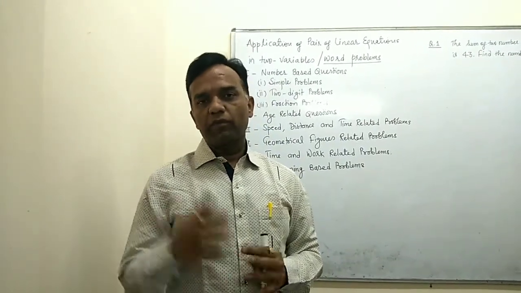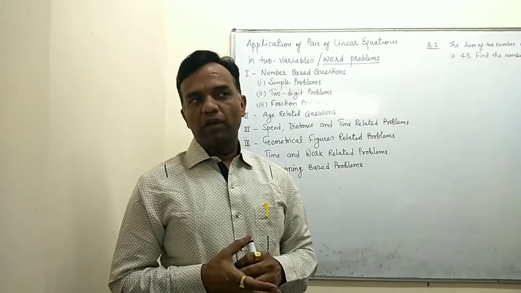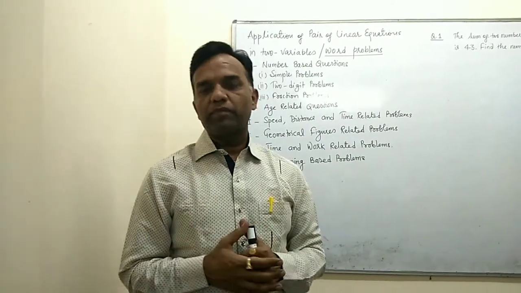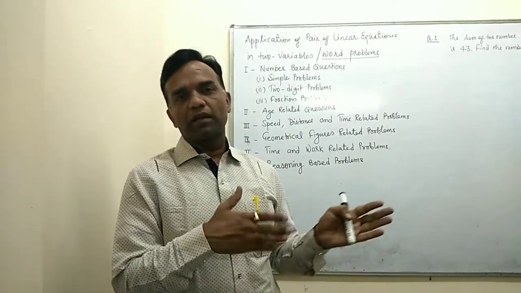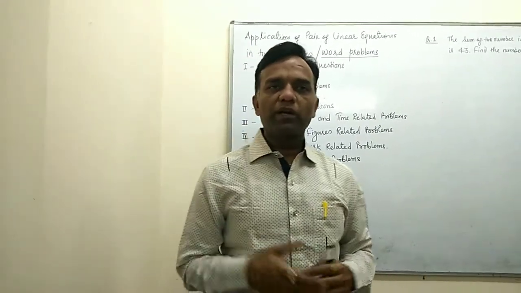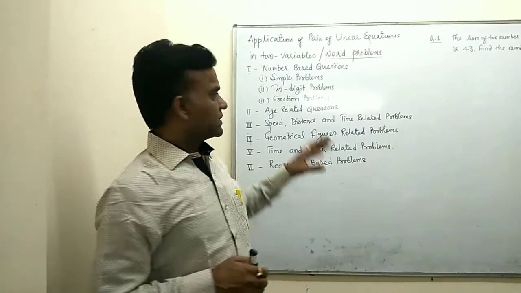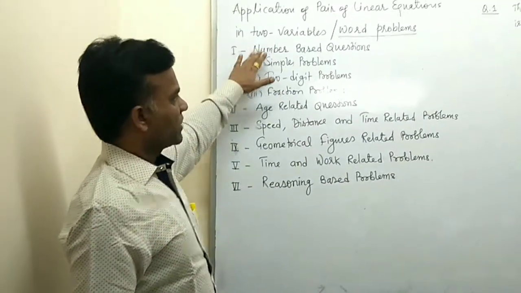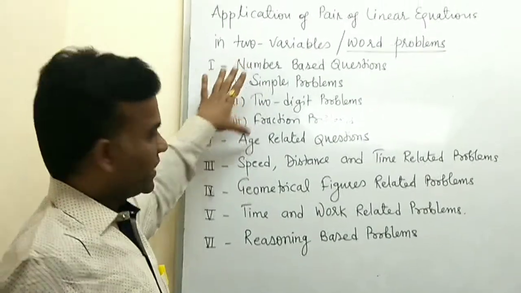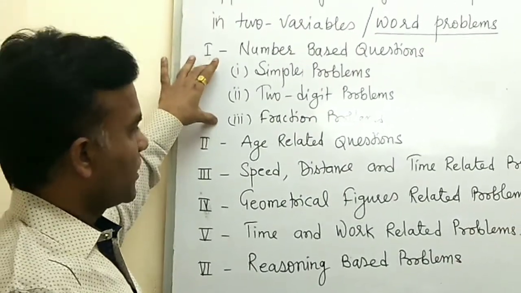For example, the numerator is 3 times greater than the denominator, or the fraction becomes 1 by 2 or 1 by 3. These three varieties of questions are totally based on numbers, so the first category of question is number based questions.